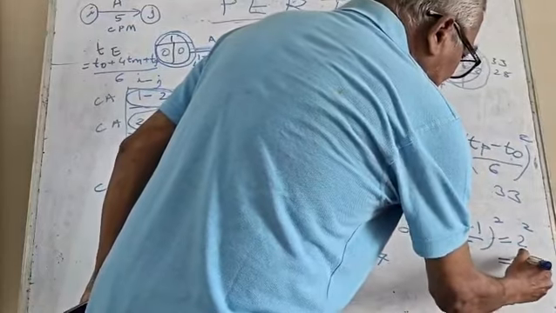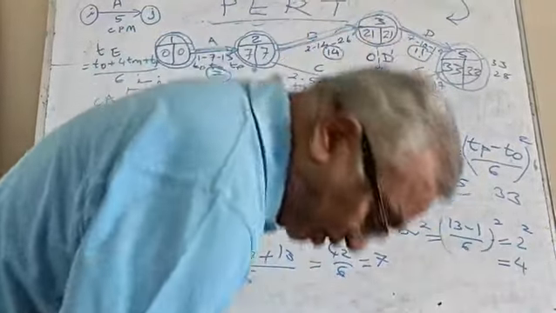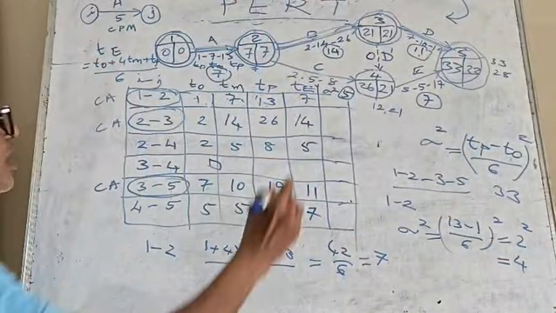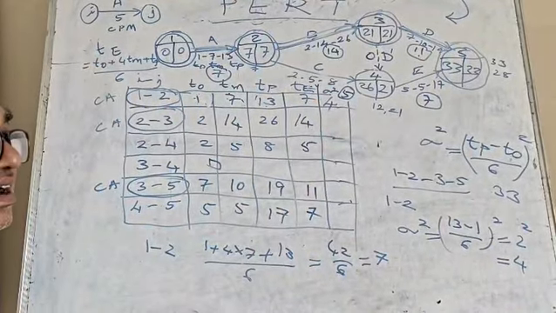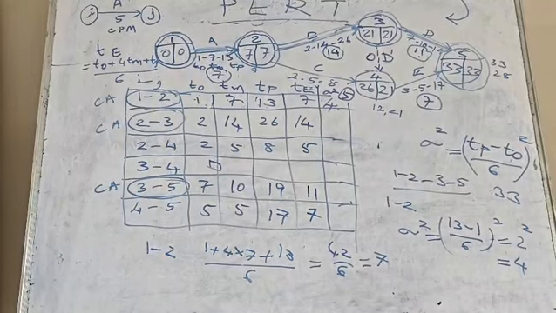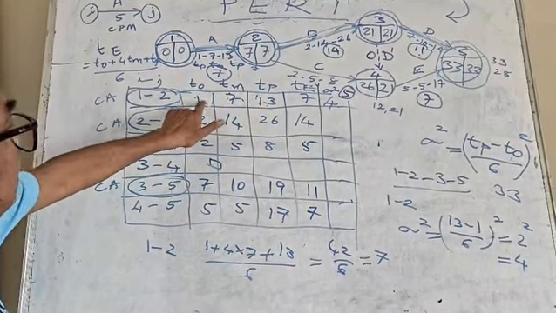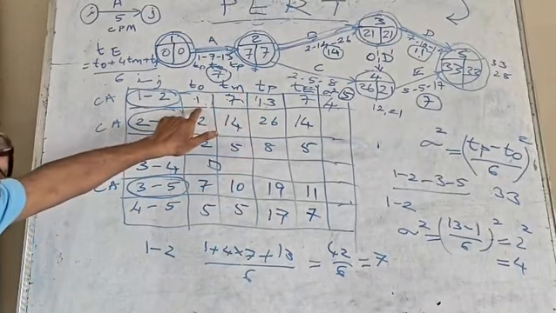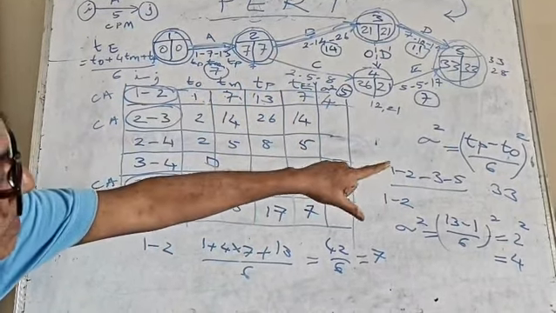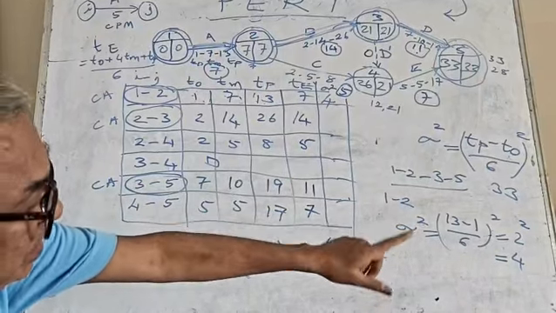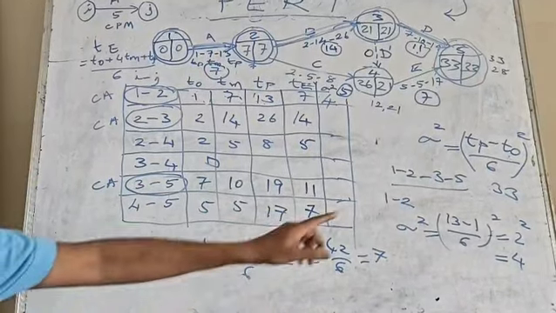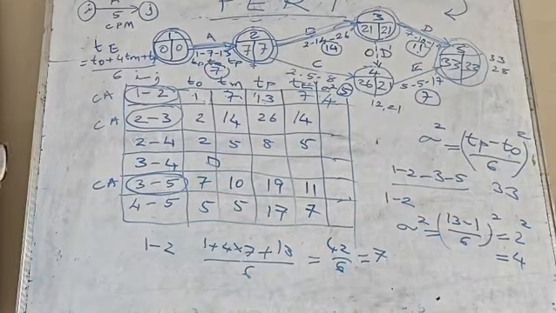So that will be equal to 4. 2 2s are 4. So like that you have to calculate for all. Now write here 4. That is the sigma square, that is the variance. How have we calculated? Tp minus T naught, 13 minus 1, 12. The formula says divided by 6. So 12 by 6 is 2. That becomes 2 square. 2 square means 4.